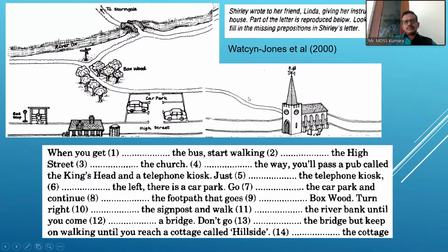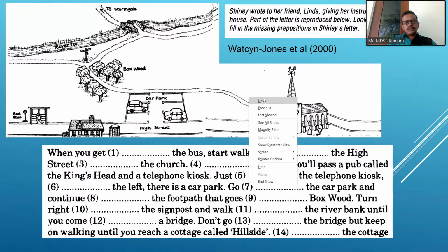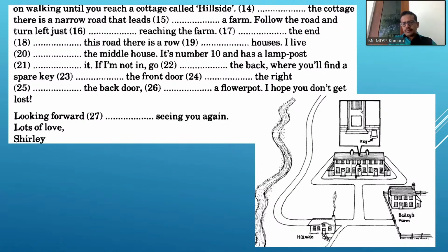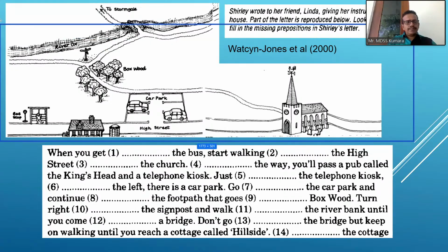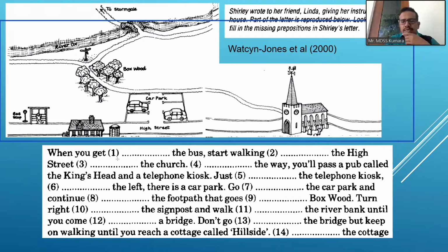So this description runs in through slides. The first part of the map and the first part of the description is given here. Here is the map. For the blanks here, you have to use prepositions to fill in the blanks.